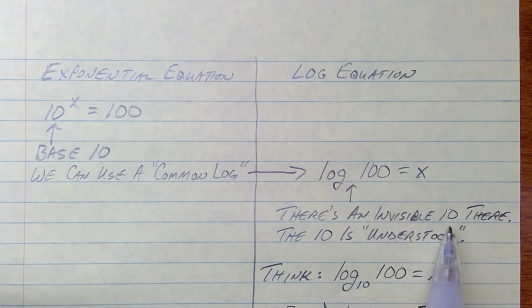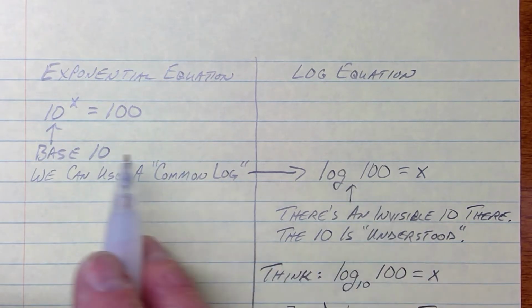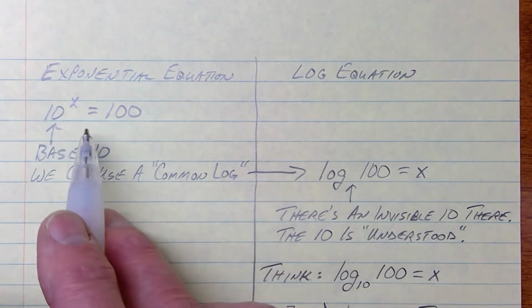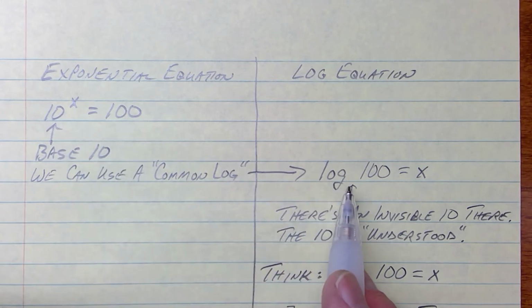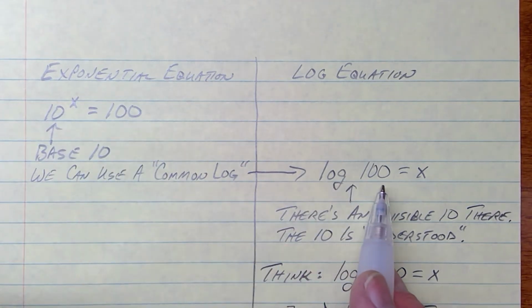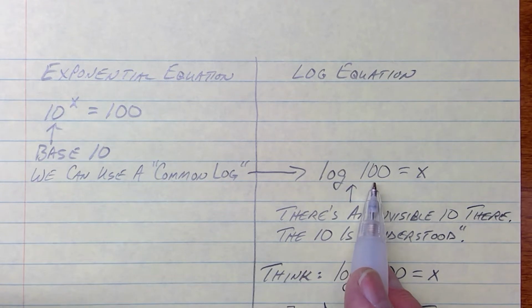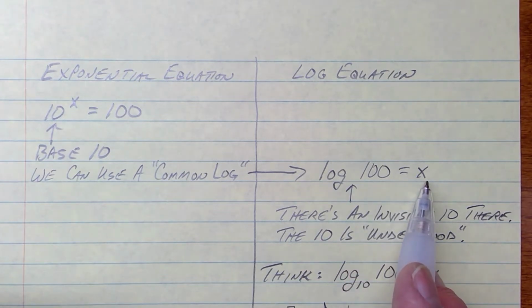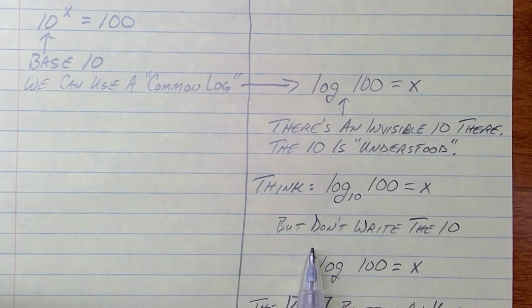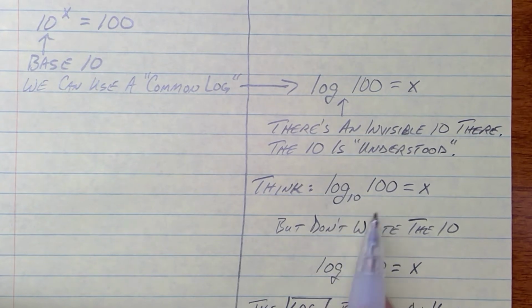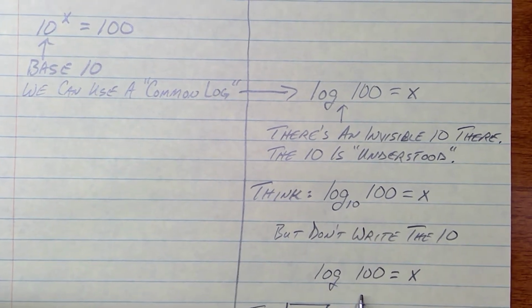Just pretend there's an invisible 10 there. So log of 100: you're telling the calculator, speak base 10, here's the answer, now tell me what the exponent needs to be.